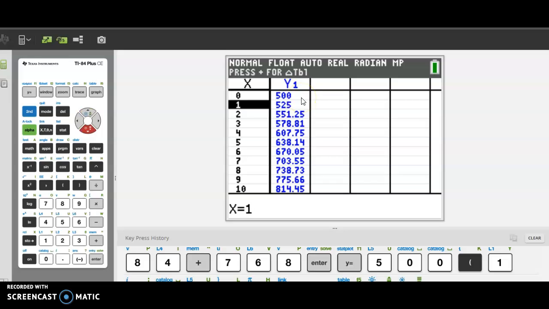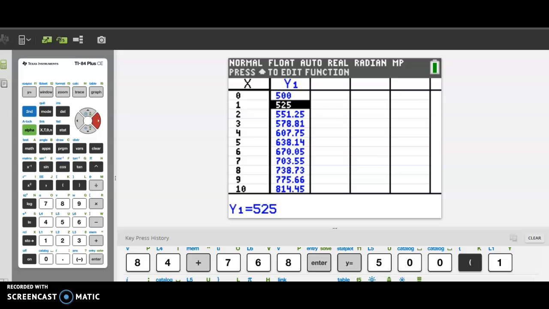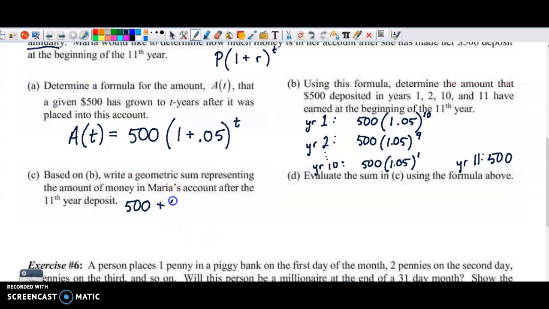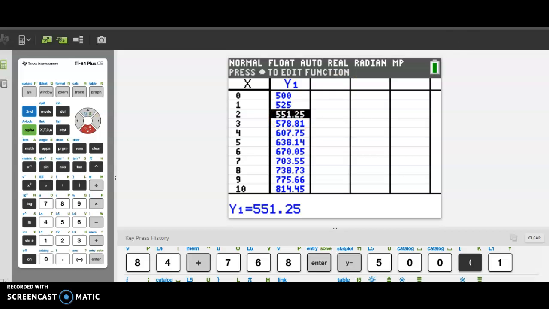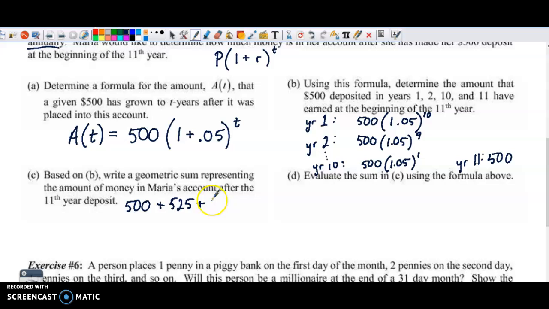Whereas for year 10, 5% of 500 is $25, so that brings it up to $525. Then the next payment, using my calculator, would be $551.25.